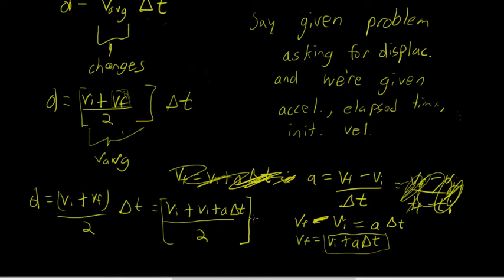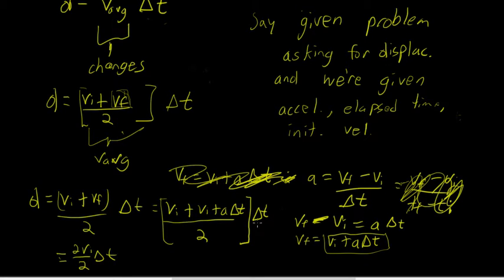Then all of this is multiplied by delta t. So we have 2 vi over 2 times delta t. So that's vi plus vi over 2.